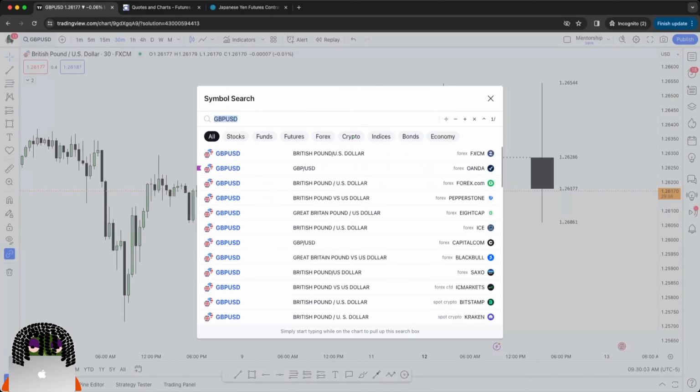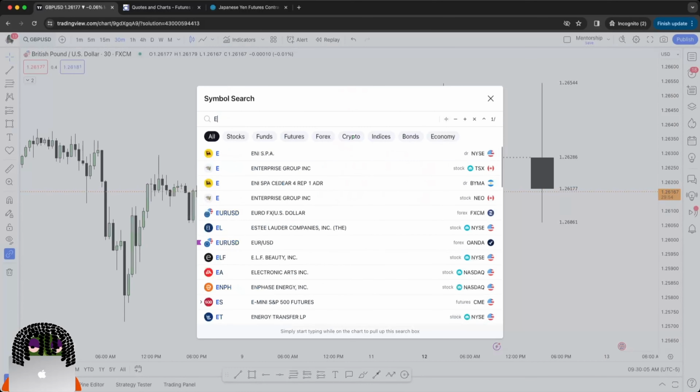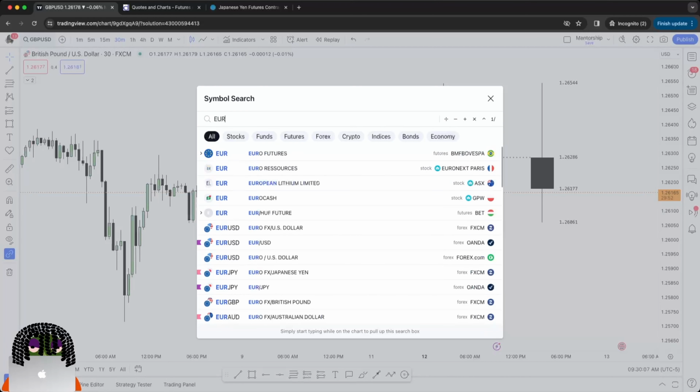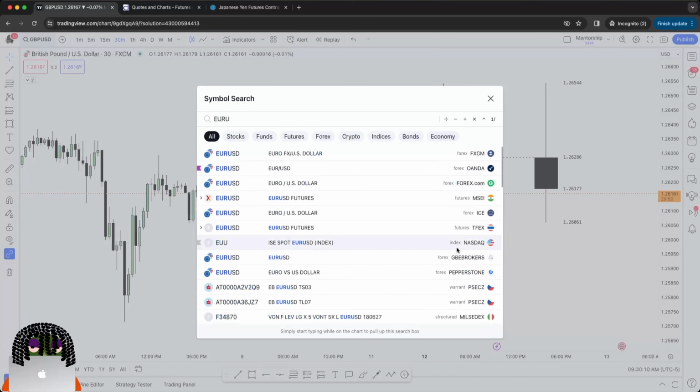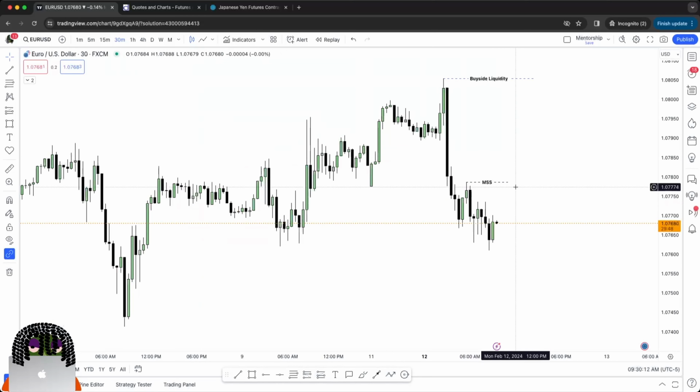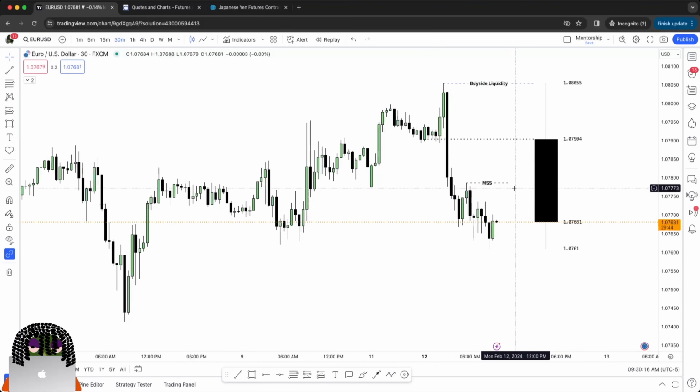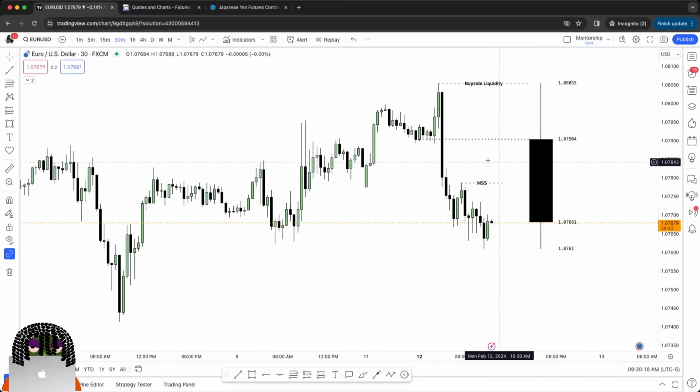So let me go back. EU. Let me look at EU. Euro USD. See if this pushes, then this for me would be like a high probability, but right now it's looking like a low probability.